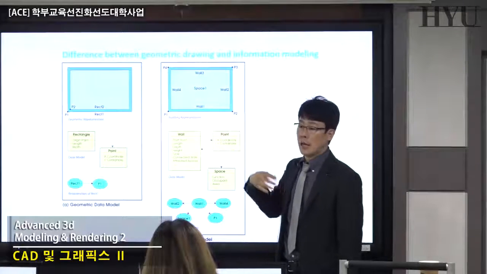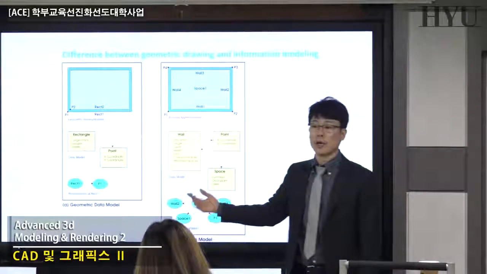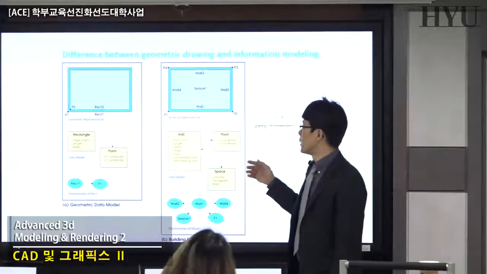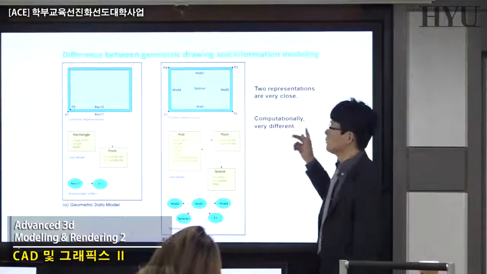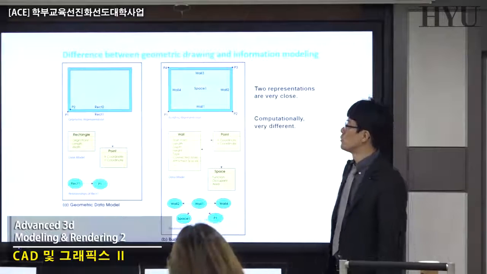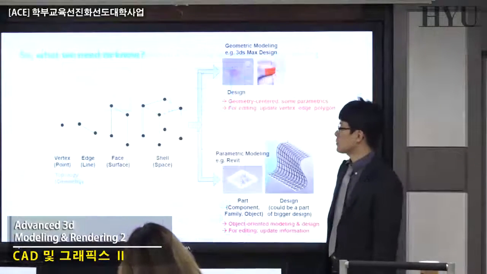And then we can analyze this design and apply something more advanced. That's a big difference. Same visualization, but totally different, okay? The comparison between a geometric drawing and a building information model.